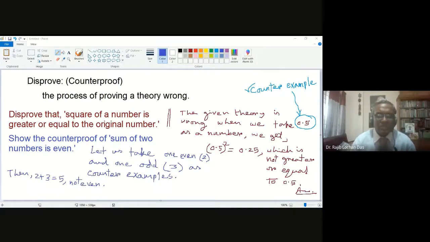The theory is disproved. It is disproved means you have proven that the theory is wrong. So that's all. You can write in your own words, in your own language, no problem. But the concept is this, and the word is disprove, or sometimes we can use counter proof.